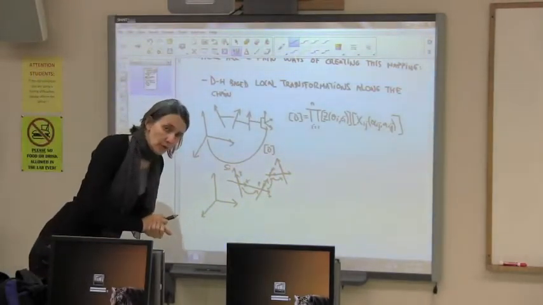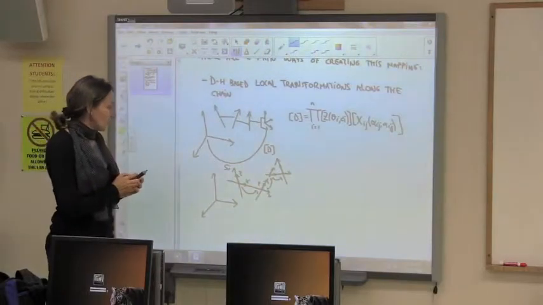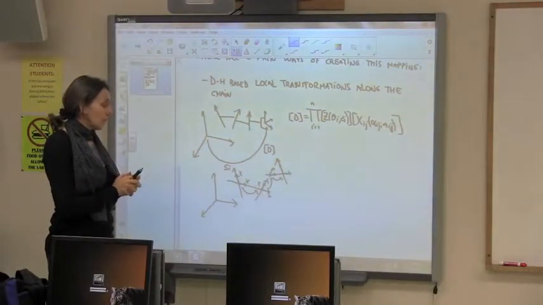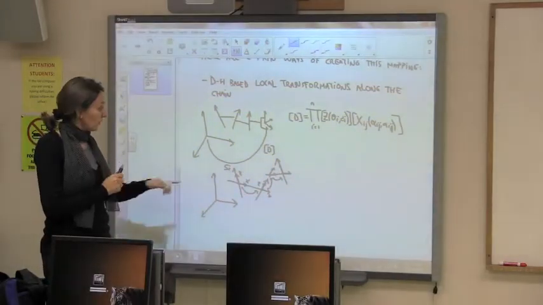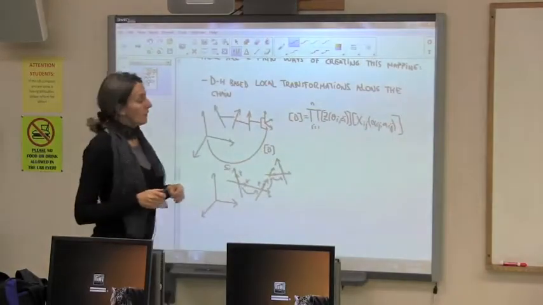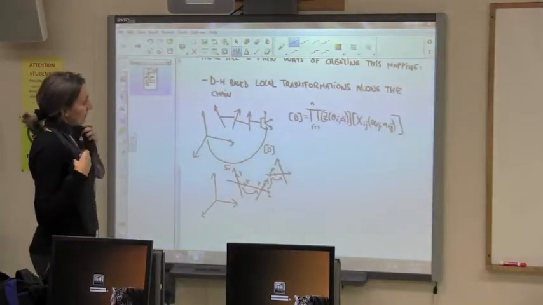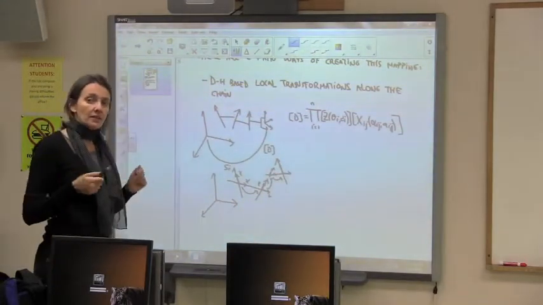This is good for robots that are very square. It's very easy to create a table with all these parameters. It's not so good for design or for arbitrary axes.